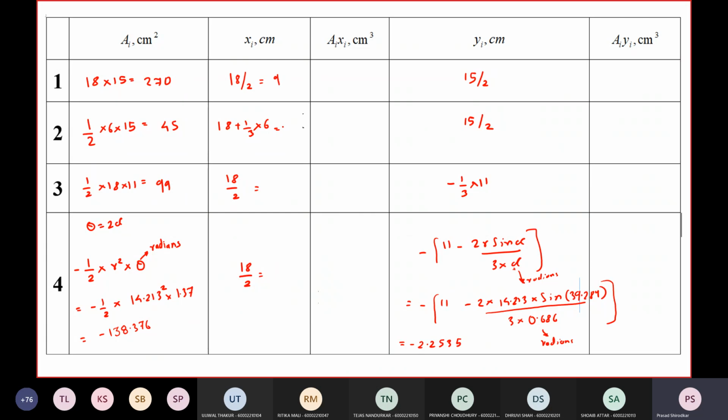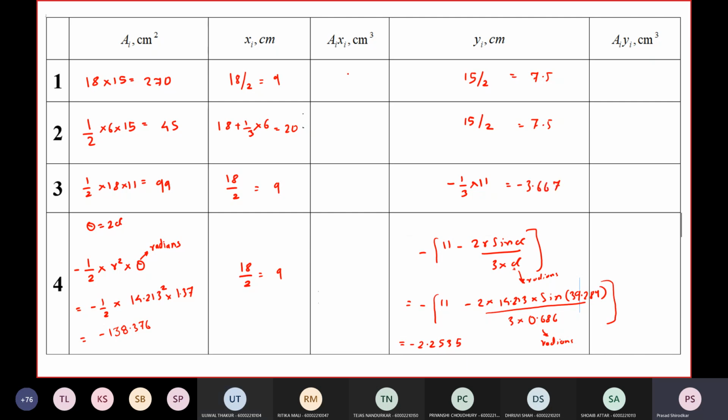Then 20. Correct. Then again 9. This is also 9. And yi? 7.5. Again, this is 7.5. One third of 11 is minus 3.67.